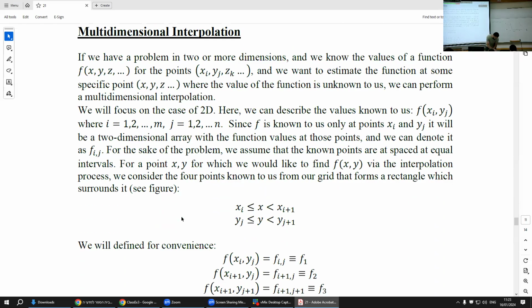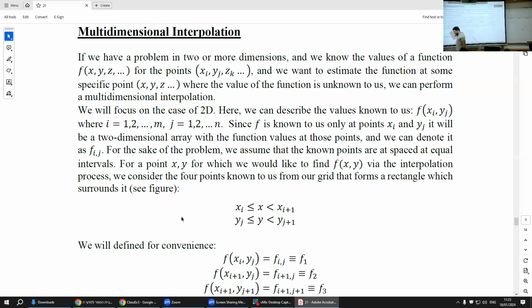Now let's talk about multidimensional interpolation, which you didn't talk about in the lecture. Suppose that I have a grid of x's and y's and the value of a function at these x's and y's.